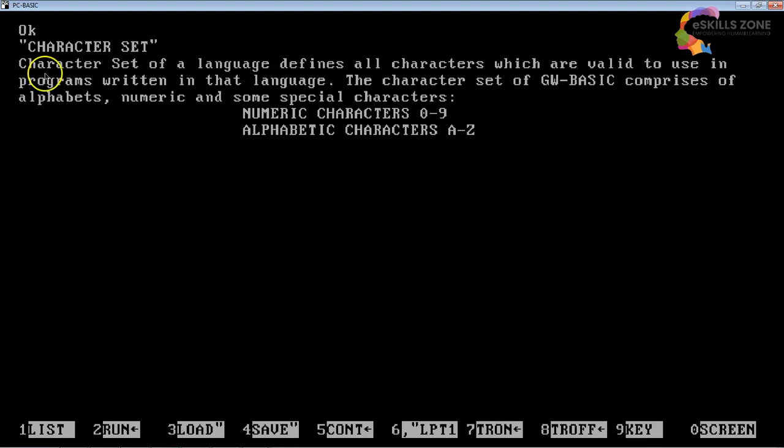It is very important to learn about the character set of a language, all the characters which are valid to use in a program written in that language. When we talk about the GW BASIC programming language, all the characters available on the keyboard that can be used to write any specific program are called the character set of that language.